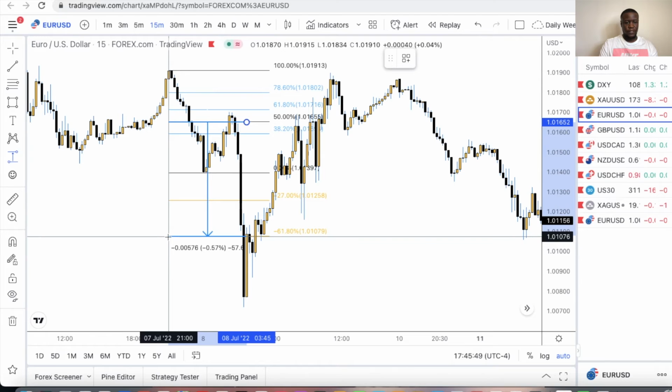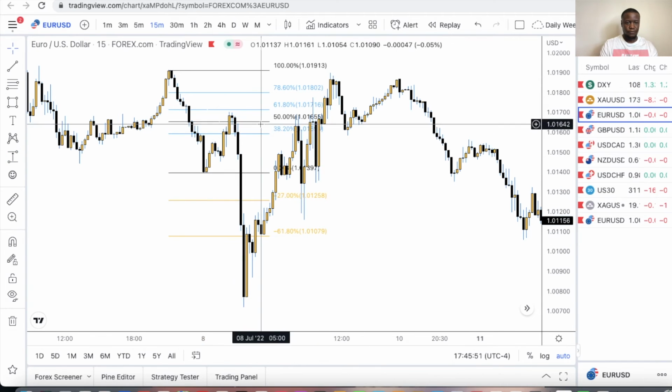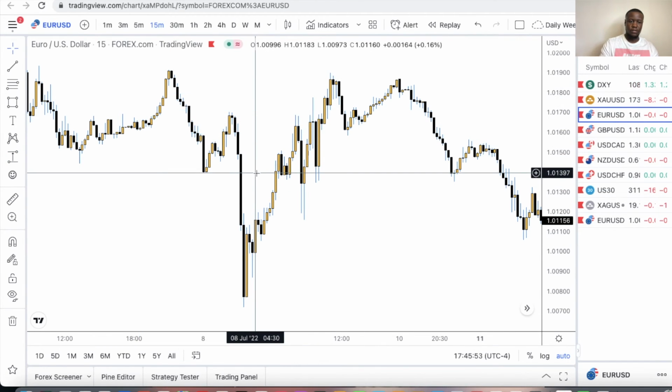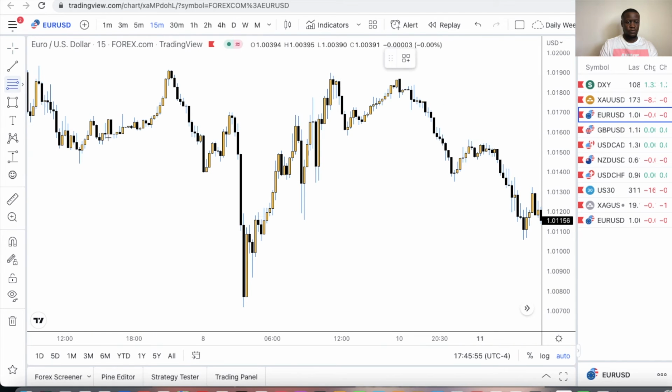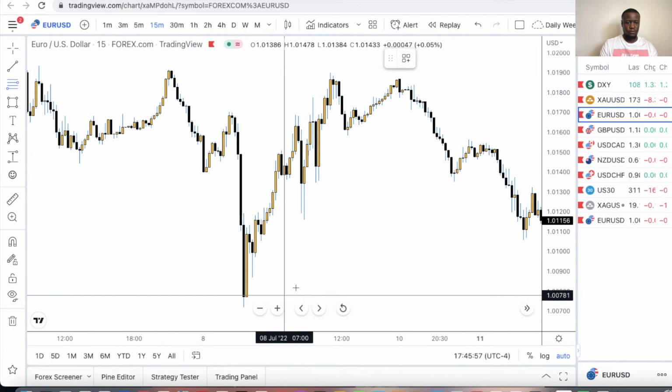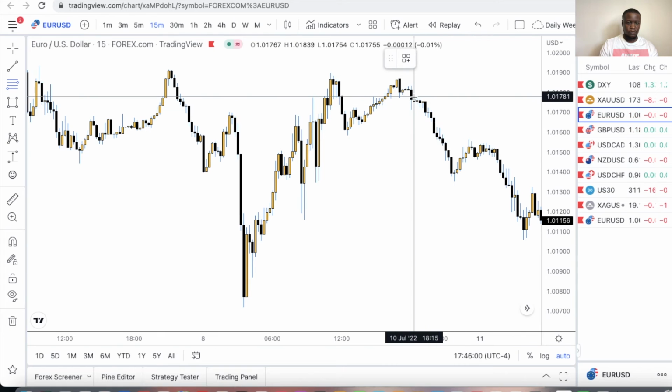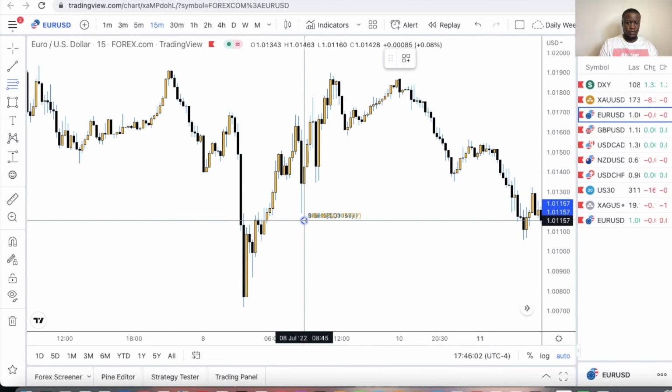That'll be 57 pips right there. A quick scalp. Got it right here as well.